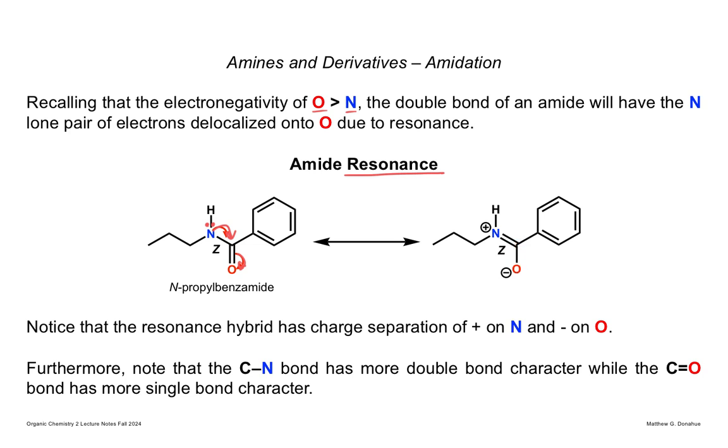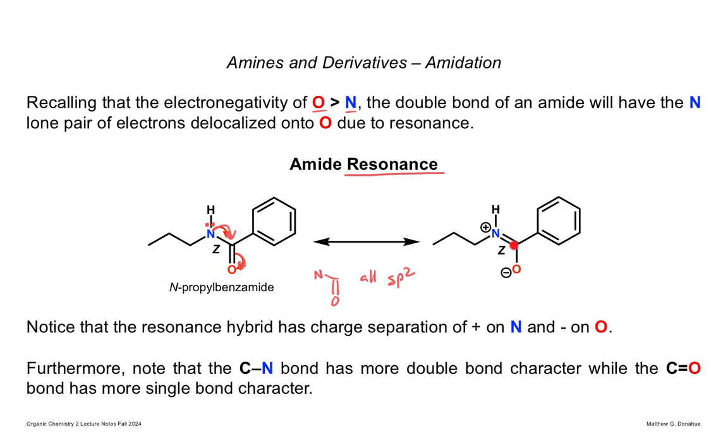So one thing to recognize in amides is that of the amide functional group NCO, all atoms are sp2 hybridized so that you can delocalize that lone pair up into the oxygen.